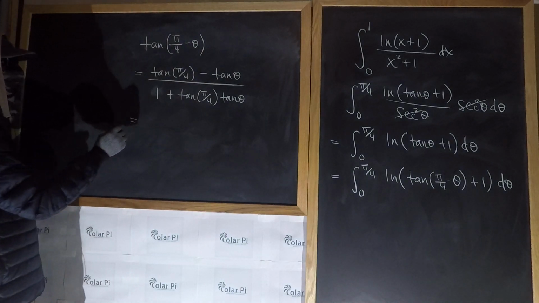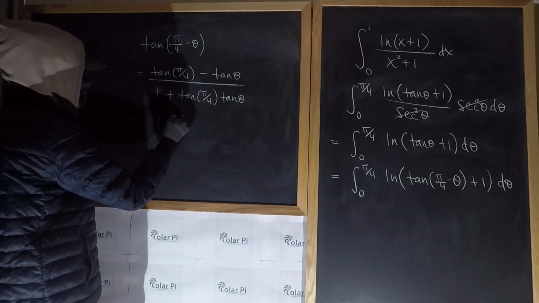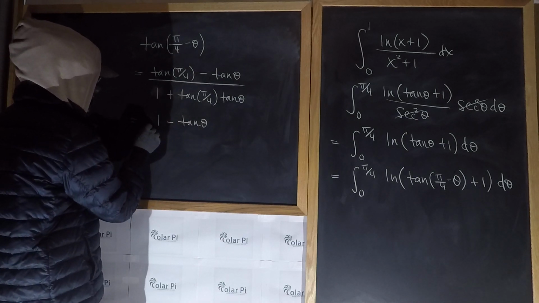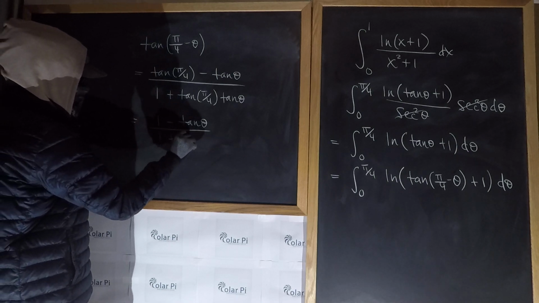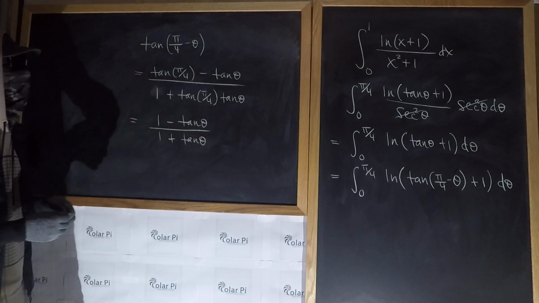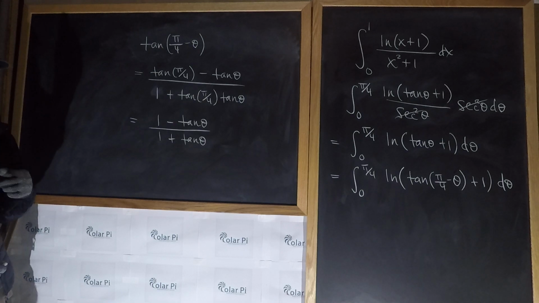Okay, so tan of pi over 4 is 1, so we have 1 minus tan theta divided by 1 plus tan theta. This is equal to tan of pi over 4 minus theta.